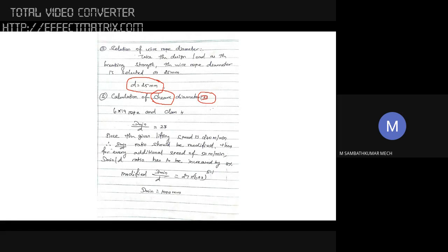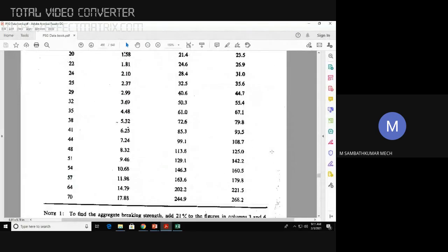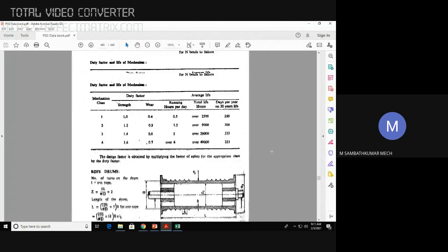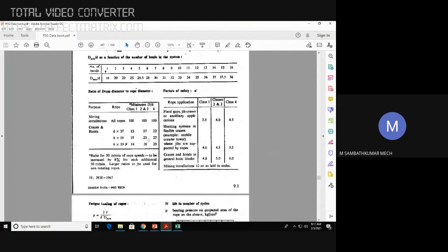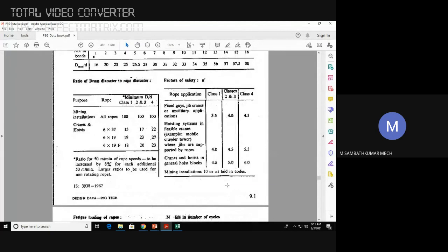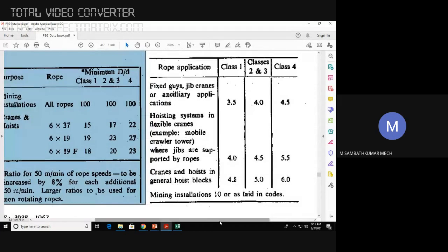For calculating the sheave diameter, in your design data book, page number 9.1, the tabular column of the ratio of drum diameter to rope diameter is there.